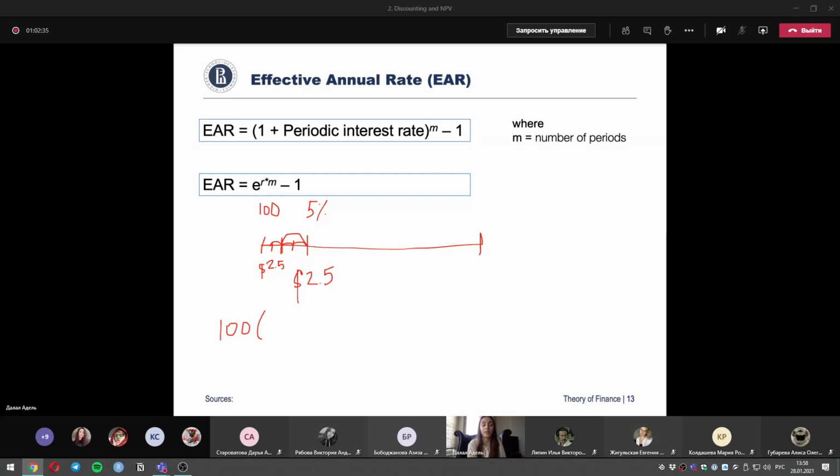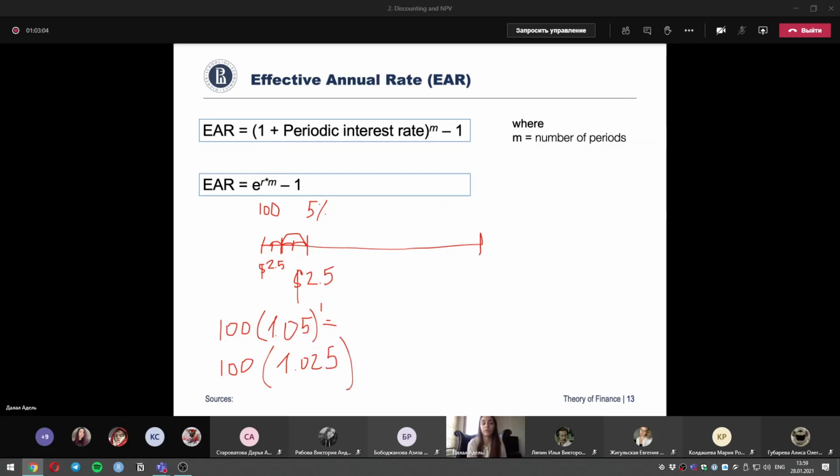So here, with annual compounding, our future value will be $100 multiplied by 1 plus 5% to the power of 1. And in case of semi-annual compounding, that will be $100 multiplied by 1 plus this periodic interest, so 2.5%, to the power of the number of periods.